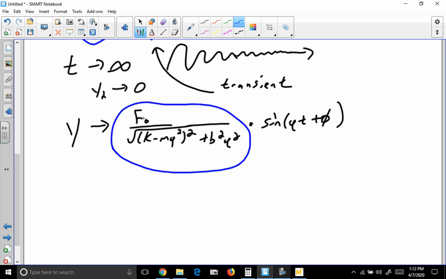So it's related to that initial force, and it's proportional to 1 over the square root of (k minus m gamma squared) squared plus b squared gamma squared. And we refer to that as the gain frequency or the gain factor.